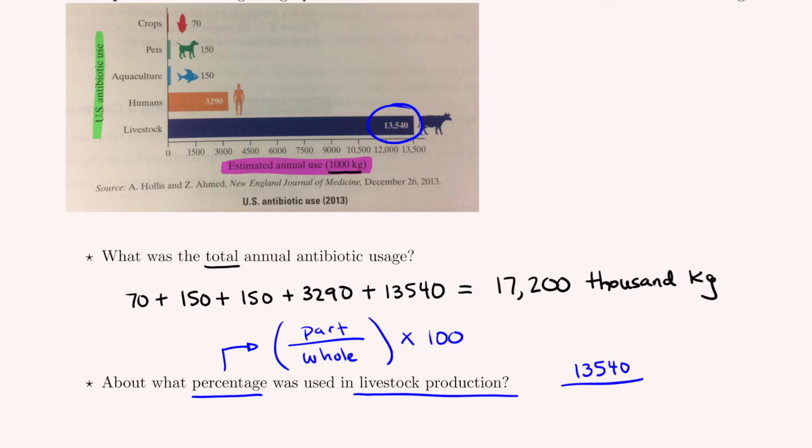So our part is 13,540. Our whole is the number we just found above, 17,200,000 kilograms. We're going to divide those two and multiply by 100 in our calculator. And let's round that to 2 decimal places.